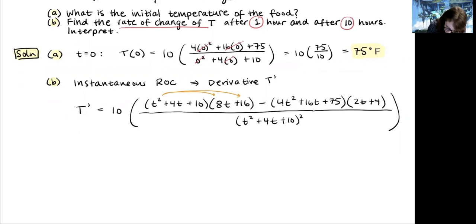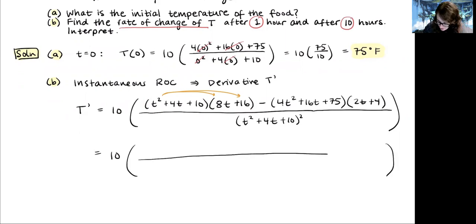So let's start with that. We still have a 10 in the front. We're still going to leave the entire denominator fully factored. Don't bother foiling that out. We want to expand the numerator and see if we can combine like terms. That's the idea with that.